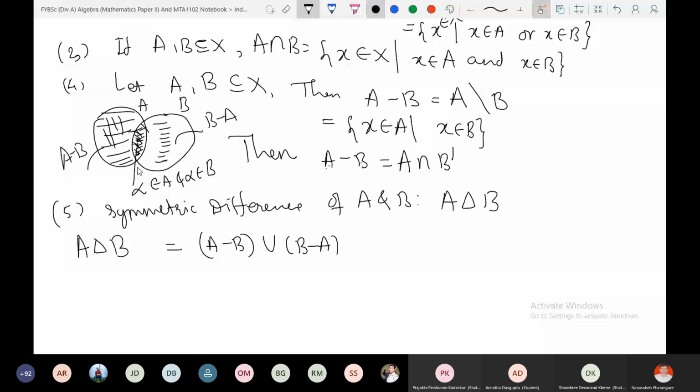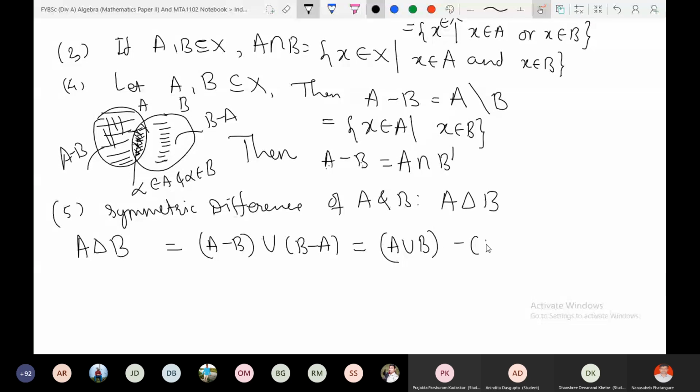So what should be the alternative way to write A delta B, the symmetric difference? A union B minus A intersection B. Very good.